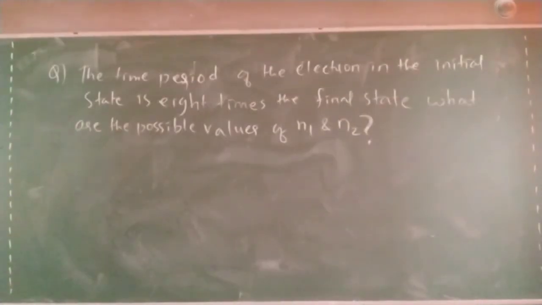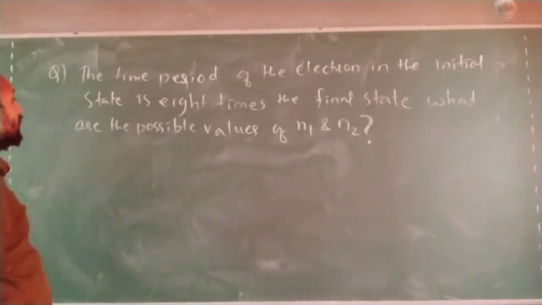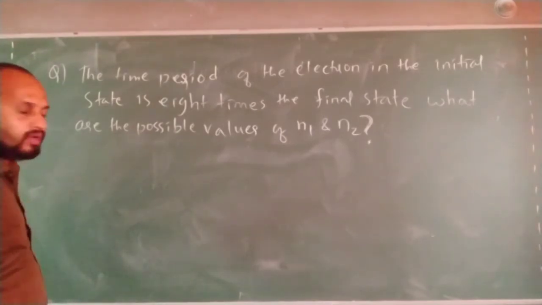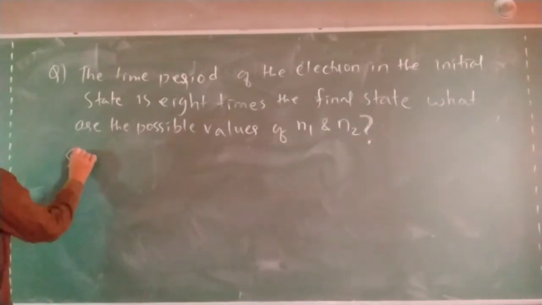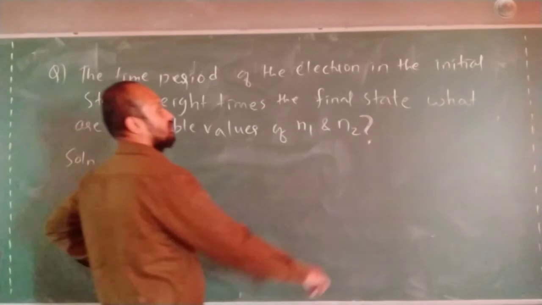The time period of the electron in the initial state is 8 times the final state. What are the possible values of n1 and n2? Okay? See, I didn't write.